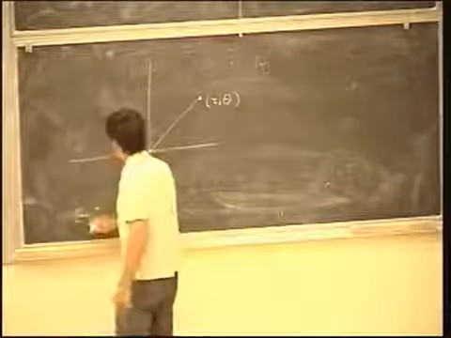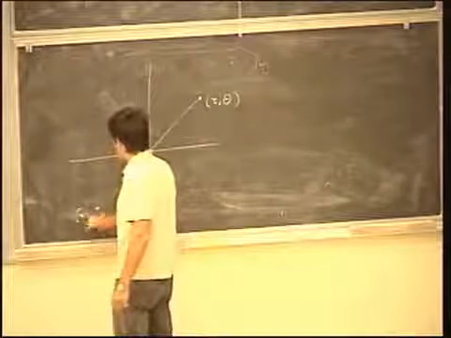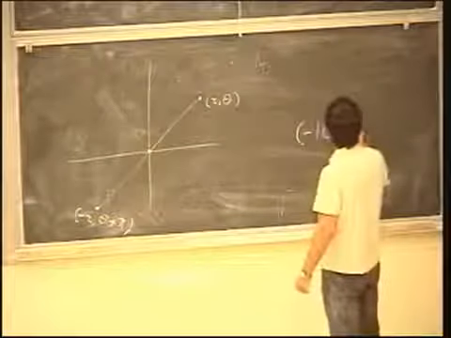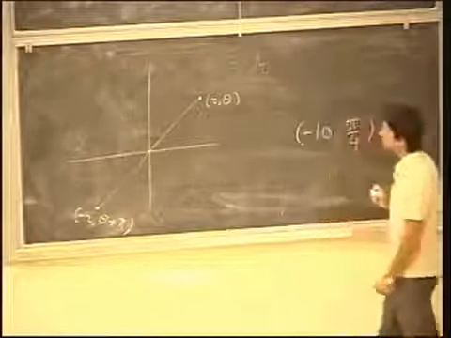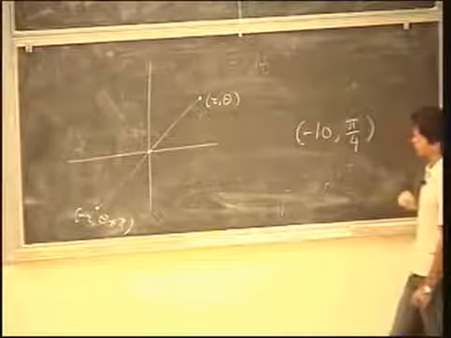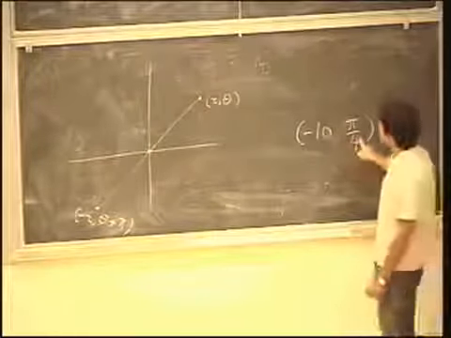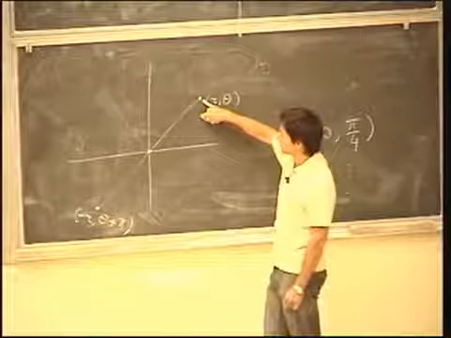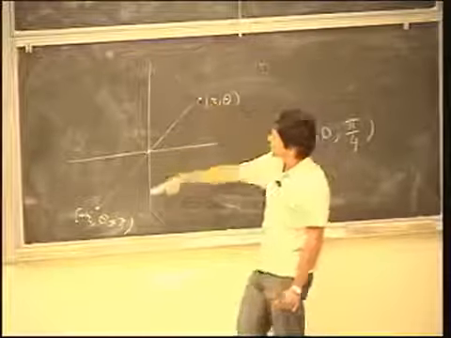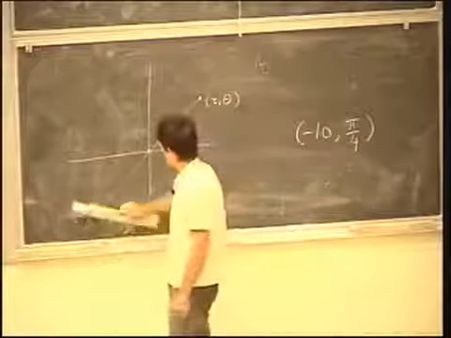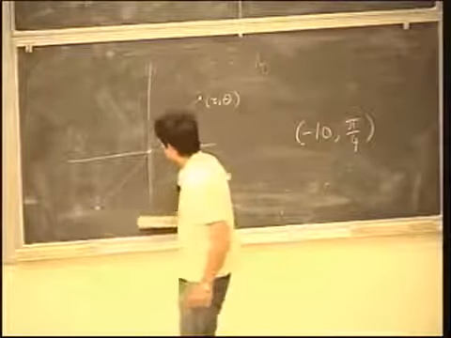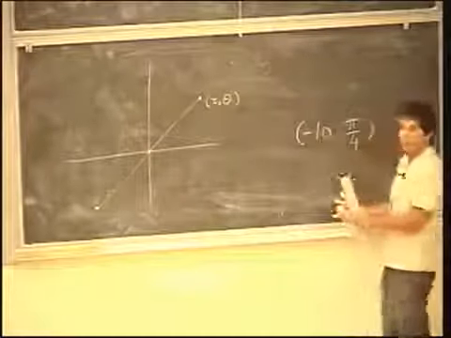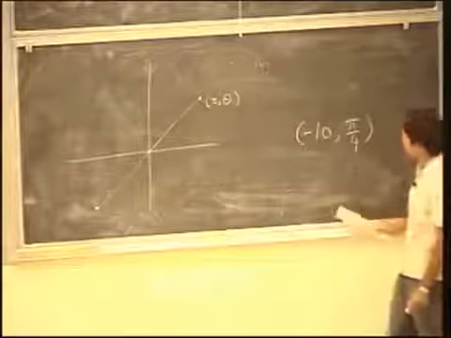Exactly. So if r is negative, then let's say you're given a point minus 10 and then pi over 4. Where would we plot it? If it was 10, pi over 4, clearly it would be somewhere here, right? But the way I wrote it is not a good way. So let me just give an example using particular values of r and theta.